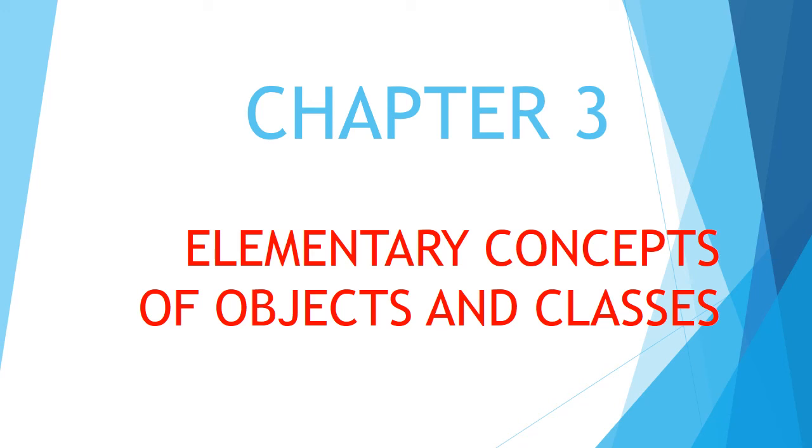Means state can be fixed or state can be changed also. These changes are dependent upon the behavior, which can be represented by the methods in the program. So dynamic states can be changed by using the methods. In this way we can say that objects encapsulate state and behavior.